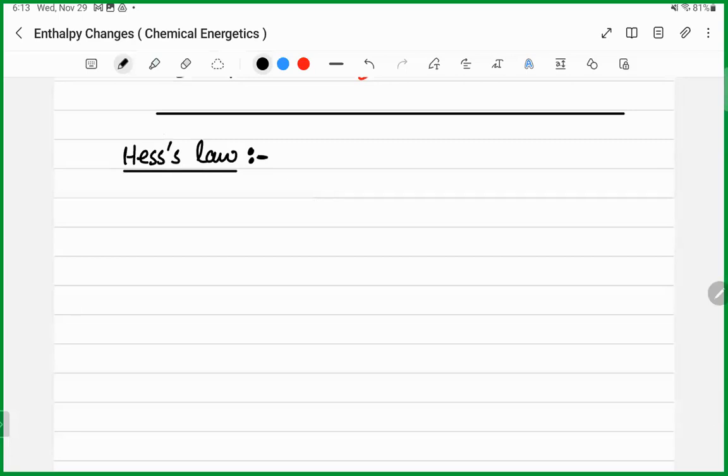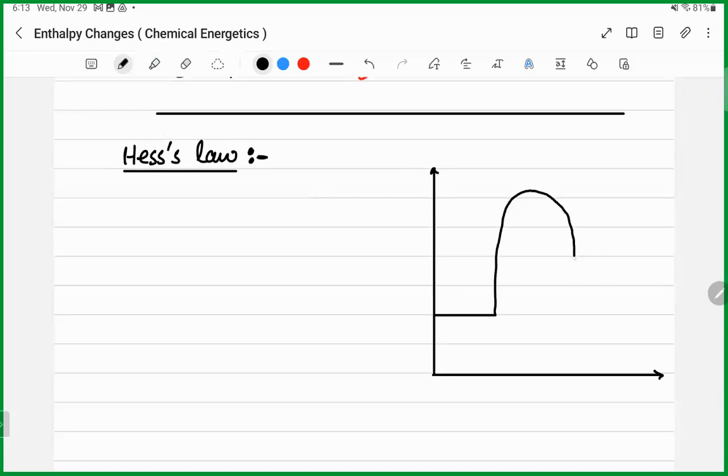And to start this, if I say that this is the enthalpy profile diagram for a chemical reaction, any chemical reaction, let's say this is an endothermic reaction. So the energy of reactant is less, the energy of product would be more, and you can say this is an endothermic reaction. This is reactant and this is product.